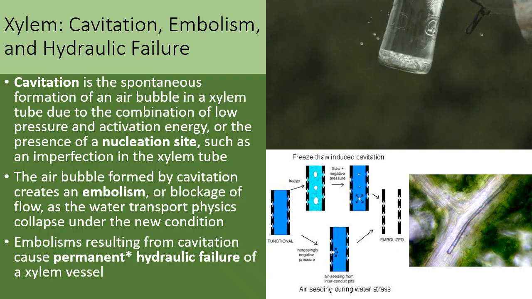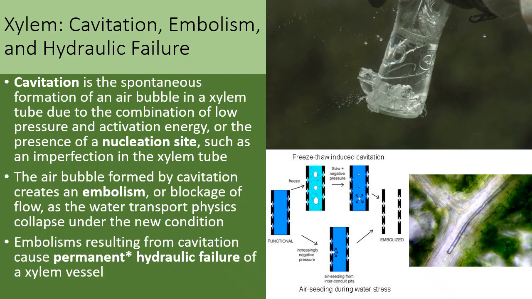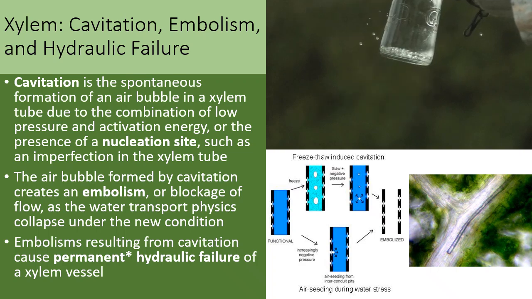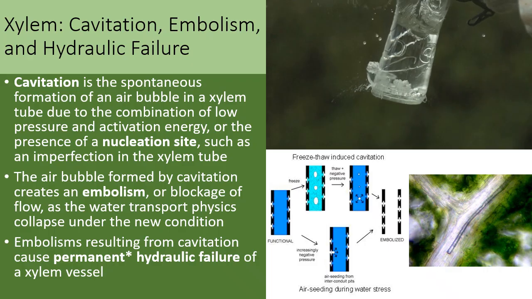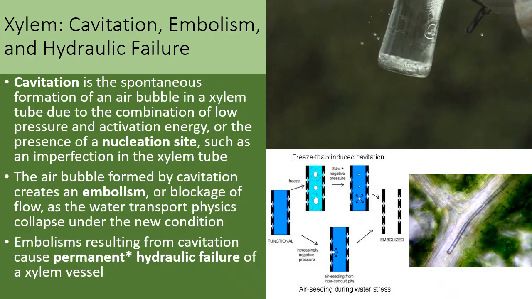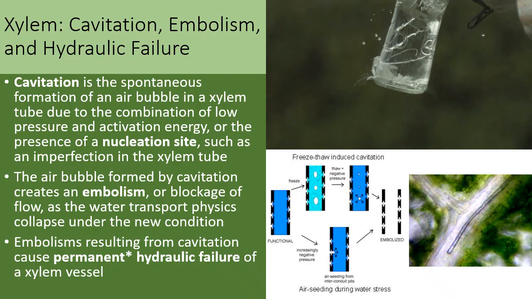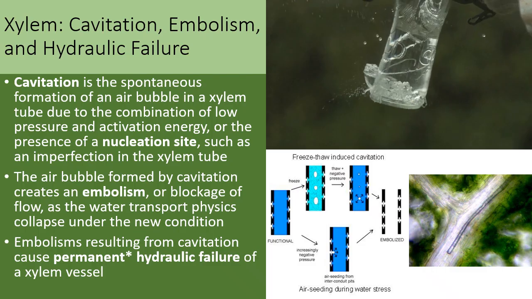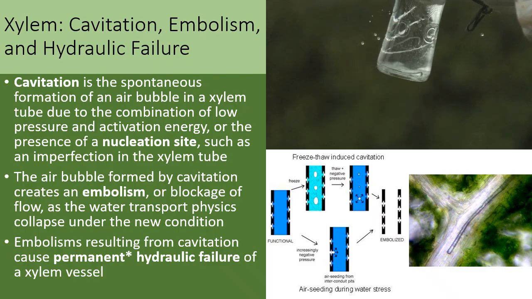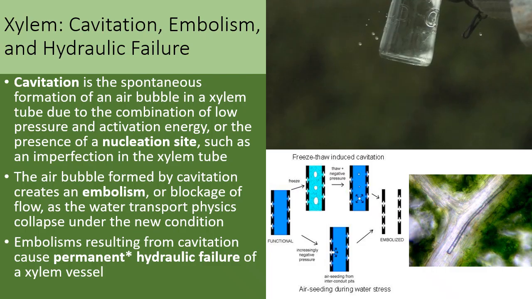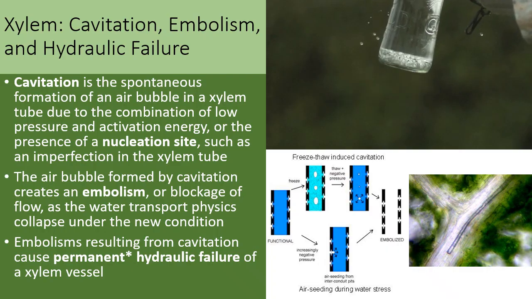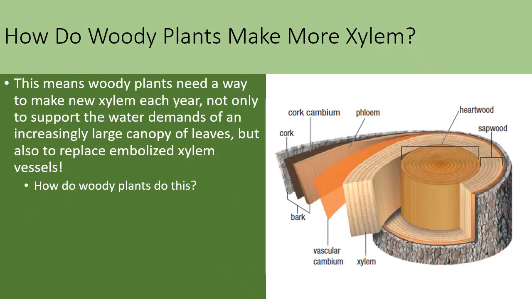Often the fungi infecting woody stems deliberately like to create embolisms because it means there's air, and under those aerobic conditions where oxygen's present, they can grow a lot more efficiently and be healthier, and that gives them an upper hand over the tree. So trees have to have pretty sophisticated mechanisms for combating fungal pathogens and other decay organisms, and we'll be exploring that a little bit more as we go on as well.